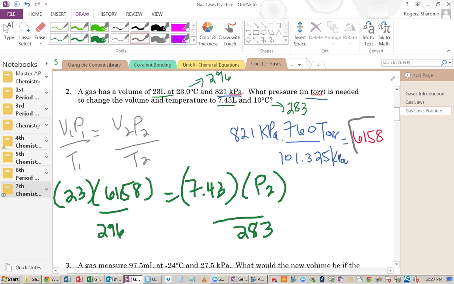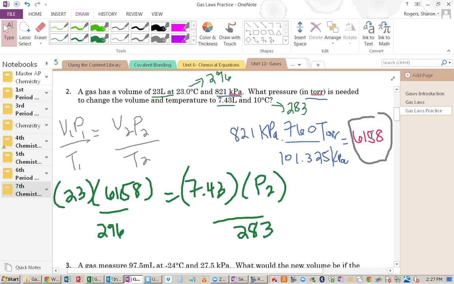If you don't even know where to start, I'm going to help you. If you don't have this number in your calculator, you need to get it in there. Plug in 821 times 760 equals, divided by 101.325 equals.